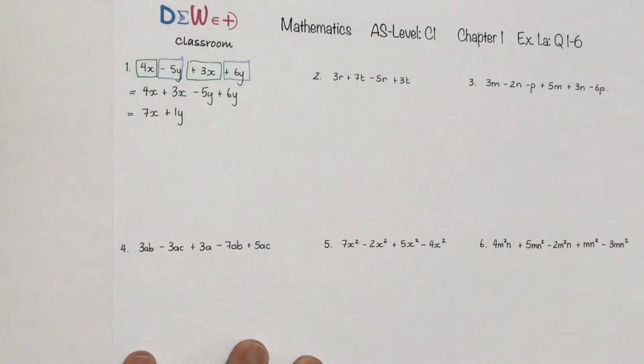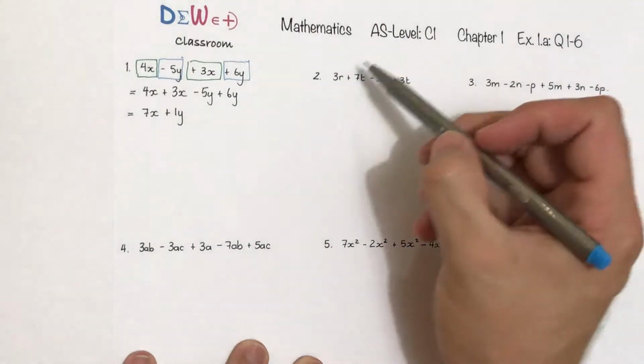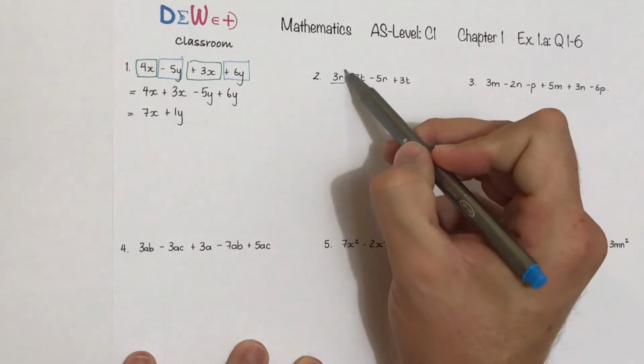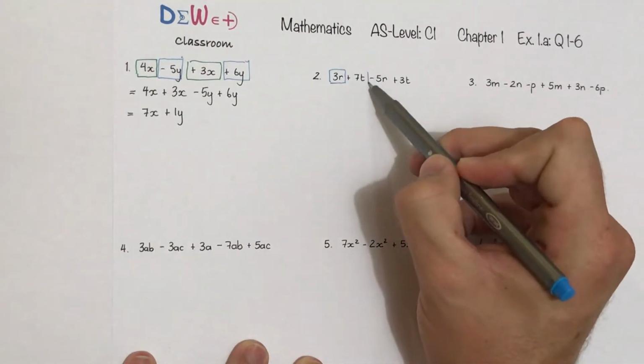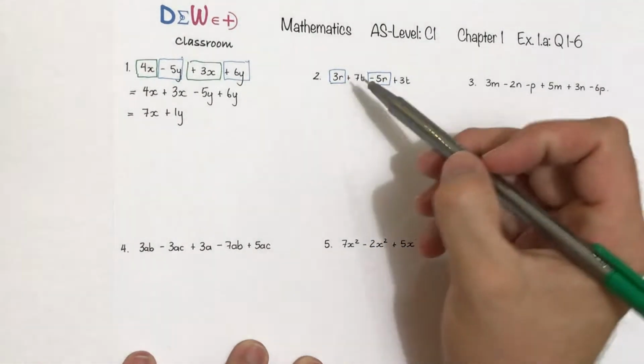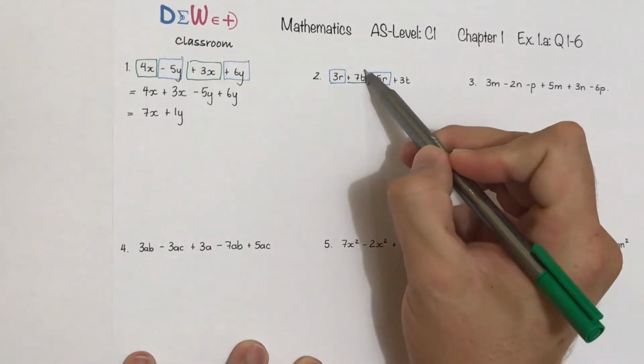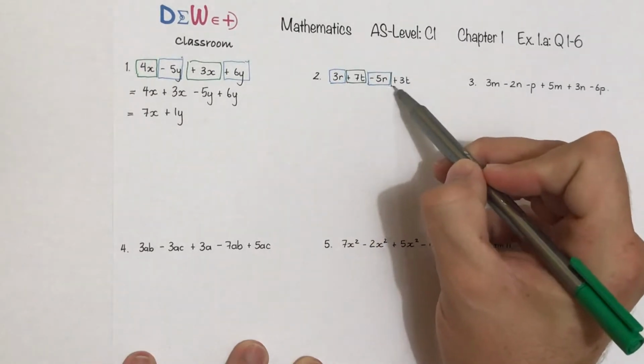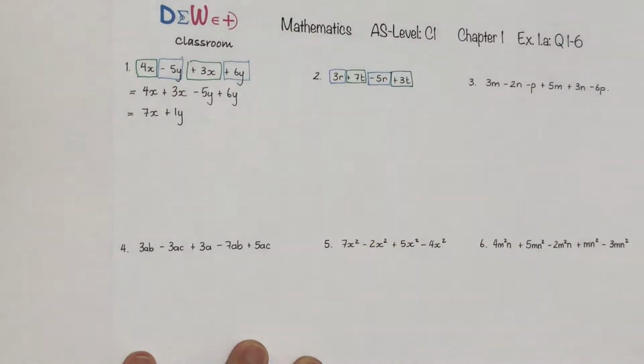When we move over to question number 2, we will follow the same procedure. We have 3r and minus 5r as like terms. We have plus 7t and plus 3t.